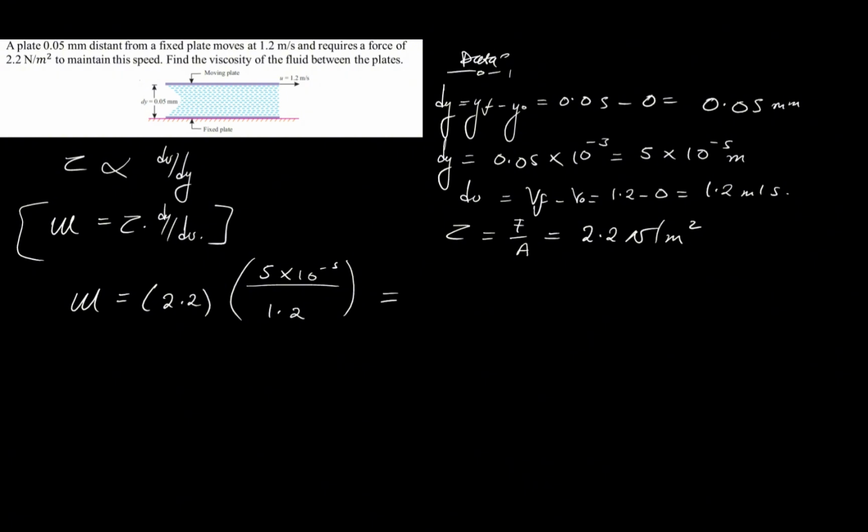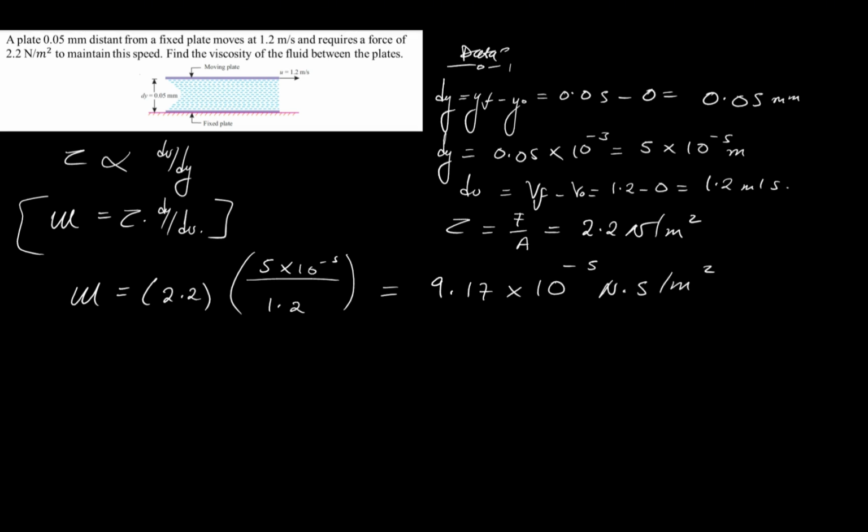If we compute this on our calculators, we'll have 9.17, that is if we round off, times 10 to the minus 5 newton second per meter squared. So this will be our value, that is in newton second per meter squared for our viscosity.